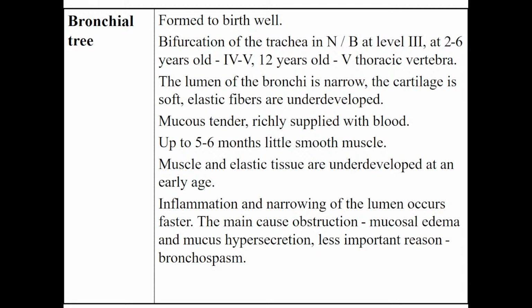The lumen of the bronchi is narrow, the cartilage is soft, and elastic fibers are underdeveloped. Mucosa is tender, richly supplied with blood. In children under 5 to 6 months old there is little smooth muscle.